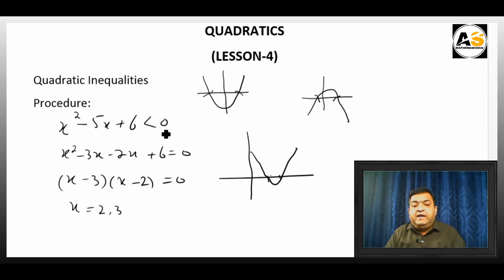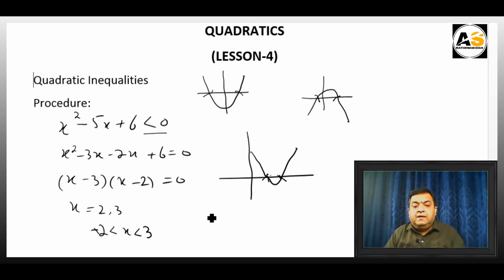So we have to find the region in which this quadratic polynomial is negative, which will obviously be between these two roots. So the solution of this inequality is 2 is less than x is less than 3.